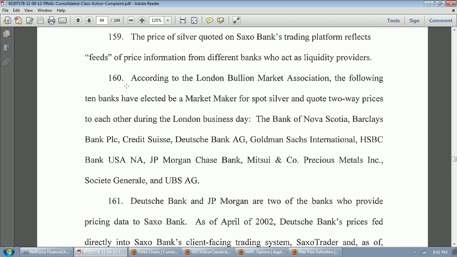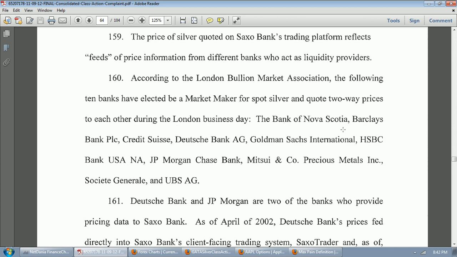But one of the things that I noticed in point 160 of the complaint, they write, according to the LBMA, the London Bullion Market Association, the following 10 banks have elected to be market maker for spot silver and, quote, two-way prices to each other during the London business day.